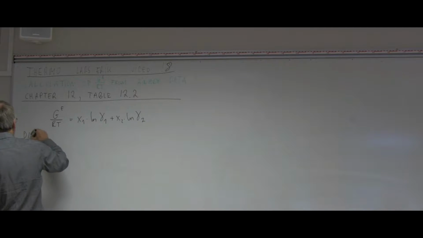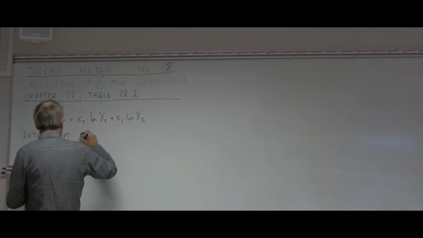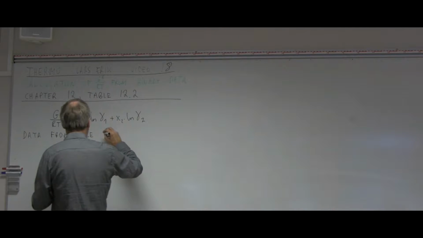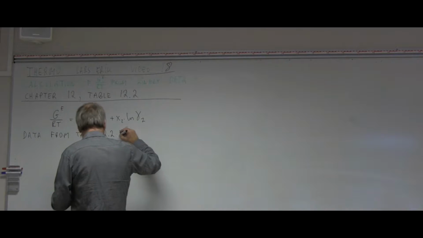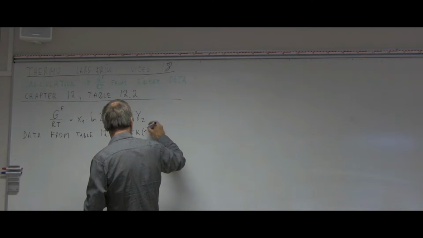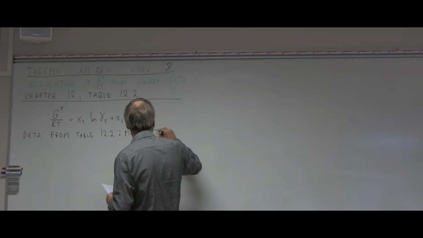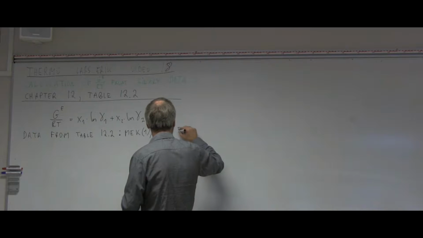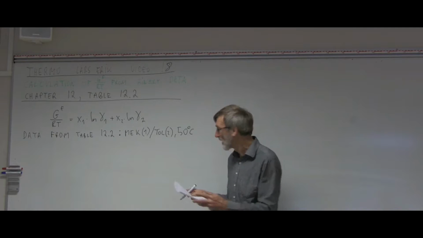And the data from table 12.2 contain data for MEK, which is component 1, and TOL, which is component 2, and these are at 50 centigrade.